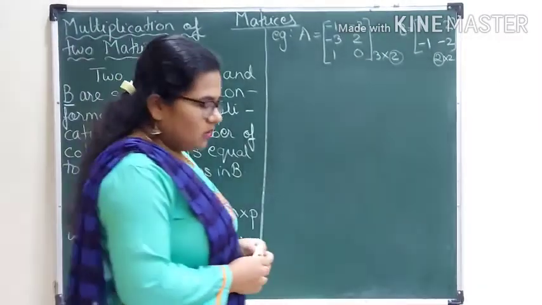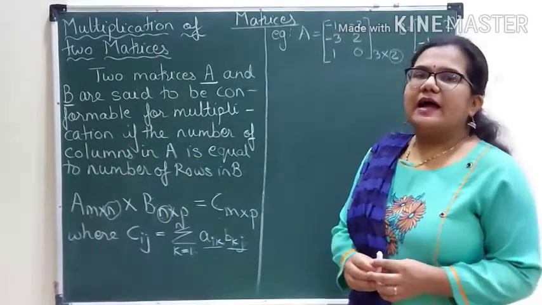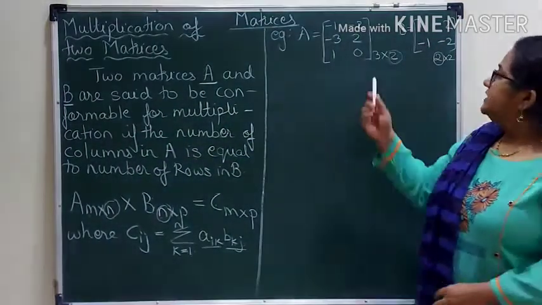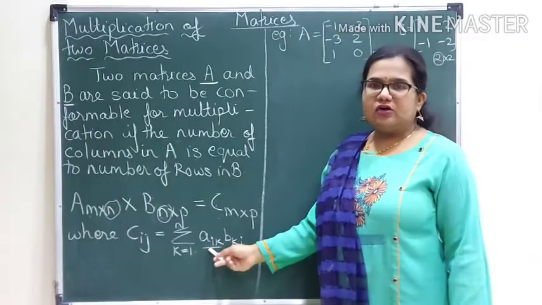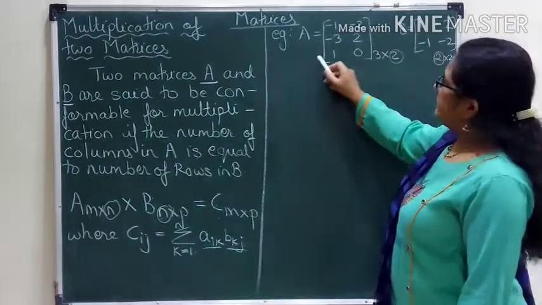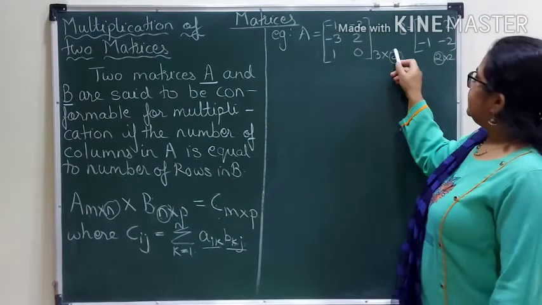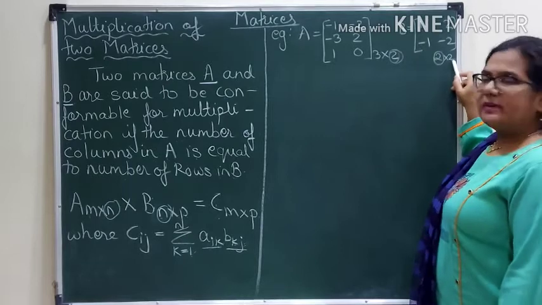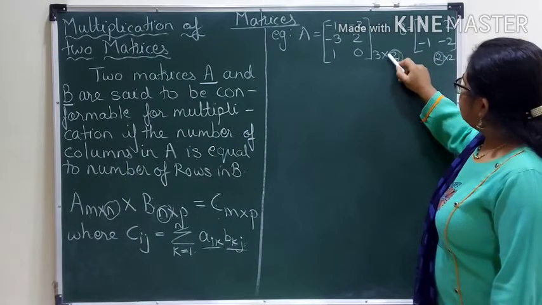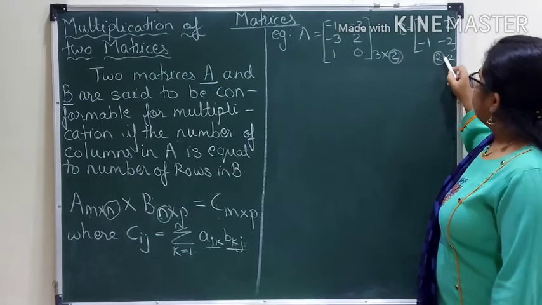Okay. Now to understand this formula, I have written one example here. We will study this example so that you understand the meaning of this formula. So there is matrix A whose order is 3 by 2, and there is matrix B whose order is 2 by 2. So you can see the number of columns of A is 2 and the number of rows of B is 2.